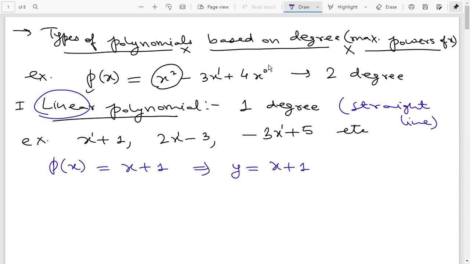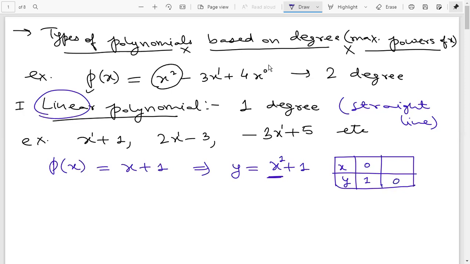And we can plot the graph on simple graph paper. How can we plot? This will be a straight line because the maximum power of x is 1. So we need 2 points. We know how to plot (x, y). Take x first as 0. So y will be 1. And one more value we want to take, because with 2 values we can draw a line.